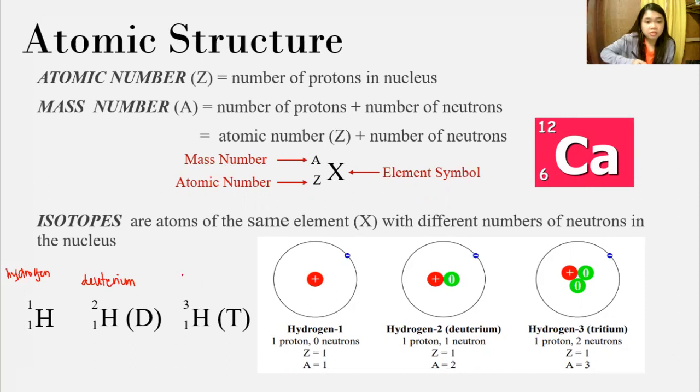And if we have two additional neutrons in the nucleus of the hydrogen atom, this is termed tritium. To further understand the concept, for hydrogen 1 we have 1 proton, this red one. For hydrogen 2, we have 1 additional neutron. And for hydrogen 3, we have 2 neutrons here. But all of them have the same atomic number.